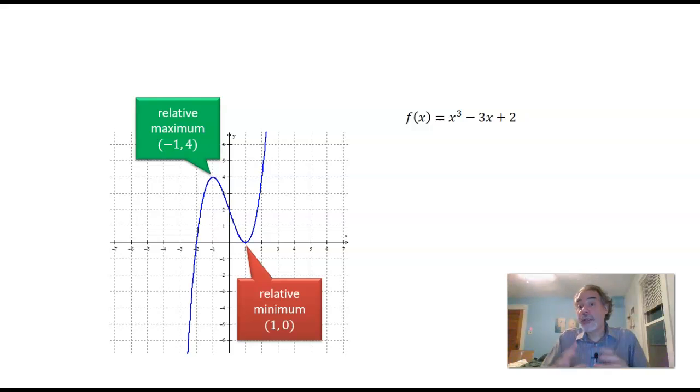Now if you ever go on to take calculus, one of the big things you spend a lot of time studying in calculus is how you can figure out just from the function itself, just from the way it's defined, that equation, and doing calculus kinds of things to that, how you can figure out where a function is increasing, where it's decreasing, where it has a relative maximum, where it has a relative minimum. So by using calculus techniques, you can pinpoint exactly where all of those things happen, even if you didn't have a graph to look at.